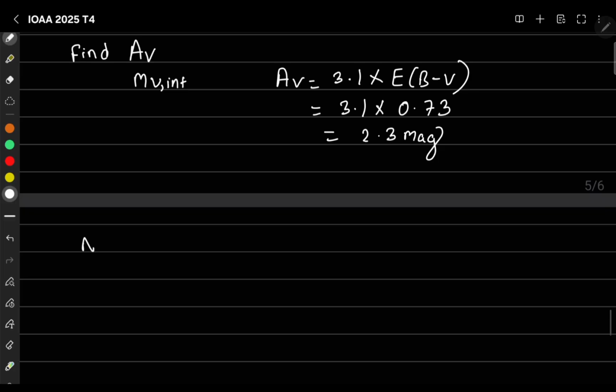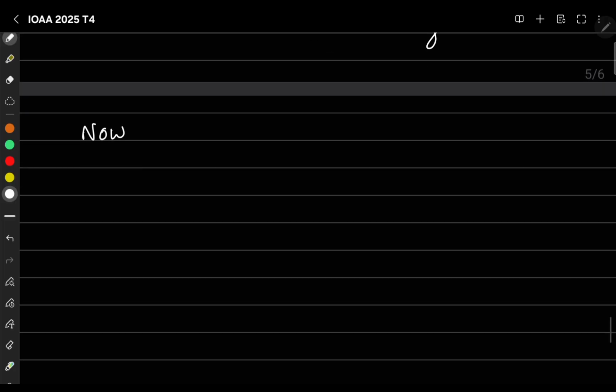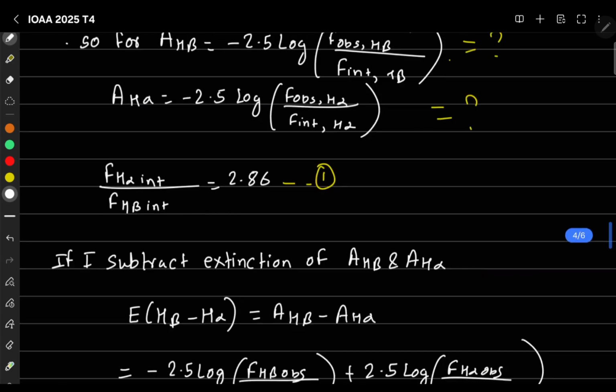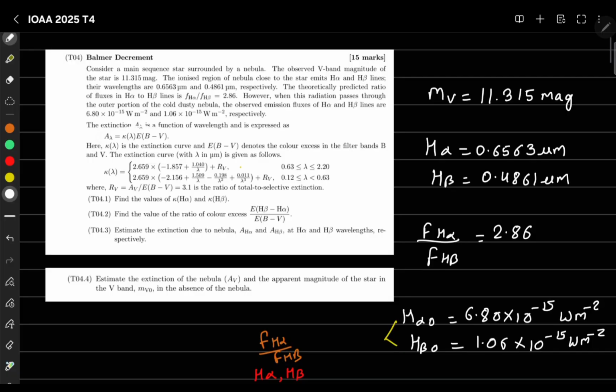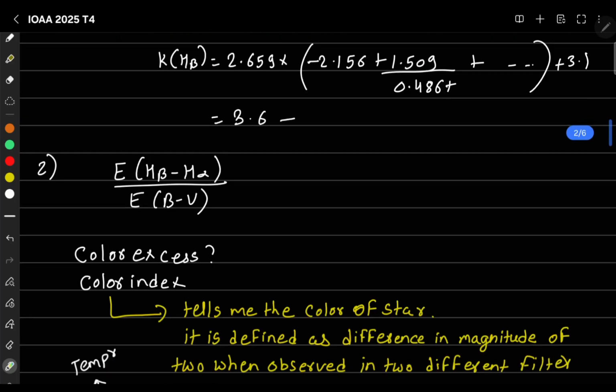Now we already know extinction is M observed minus M intrinsic, and we have been told that the observed V band magnitude is 11.315.